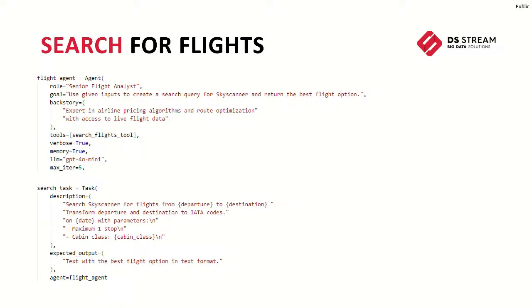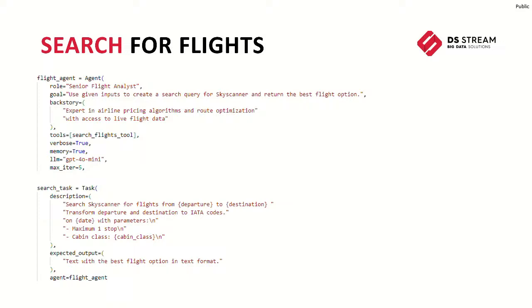Then we give it a search flights tool, so it can look up flights, like giving the assistant access to a booking website. Settings like verbose equals true help us see what is going on, and memory equals true lets it recall past details. Max iter equals 5 means it can repeat its thinking process up to 5 times to find the best solution for us.